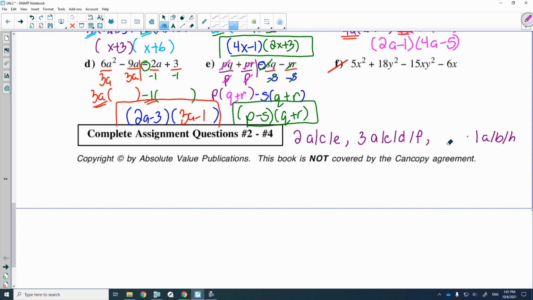F and G. So star F and G for number 1. Look at the 2 brackets. One of them you could further factor. Number 2, A, C, E. Number 3, A, C, D, F.